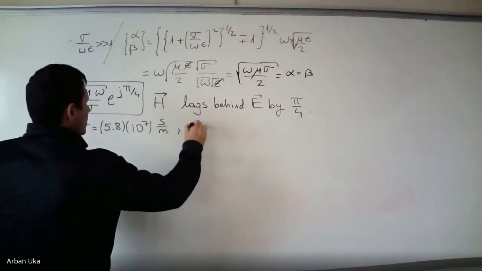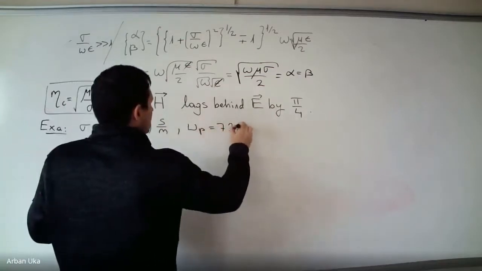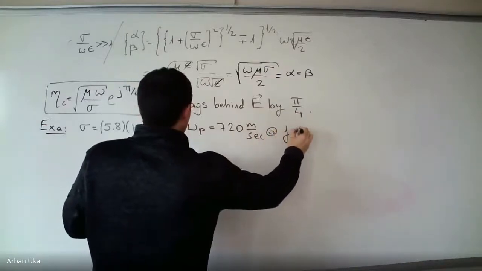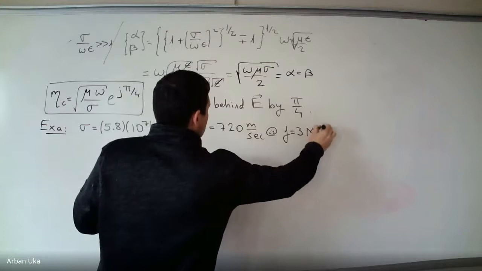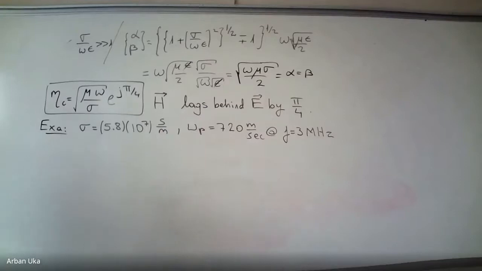Let's assume that the propagation speed is equal to 720 meters per second at a frequency of 3 megahertz. So here we have a specific frequency, and we get this propagation speed. And the question is, let's see what the different parameters are equal to. First of all, we can even try to identify the propagation speed.